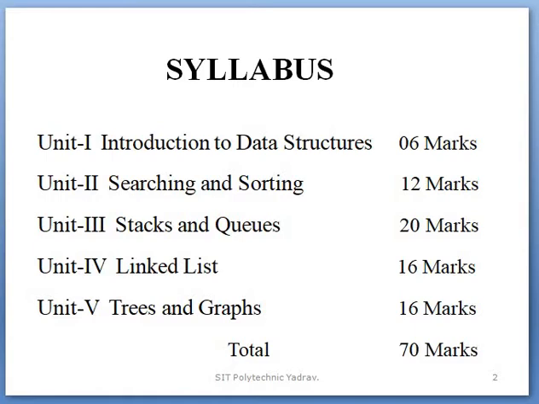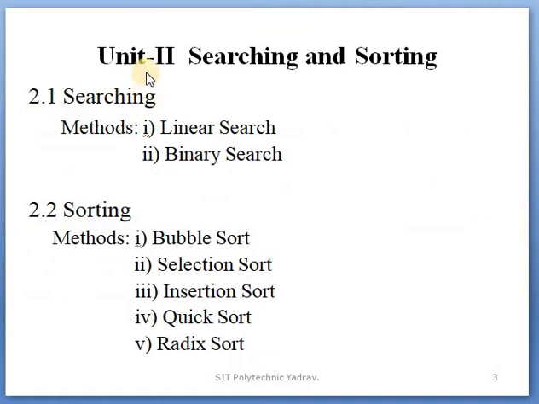In that, we have already completed unit number 1, Introduction to Data Structures, for 6 marks. Now we start unit number 2, Searching and Sorting, for 12 marks. In unit number 2 the syllabus has two main points, 2.1 Searching and 2.2 Sorting.